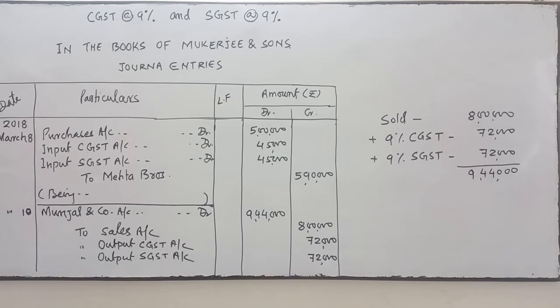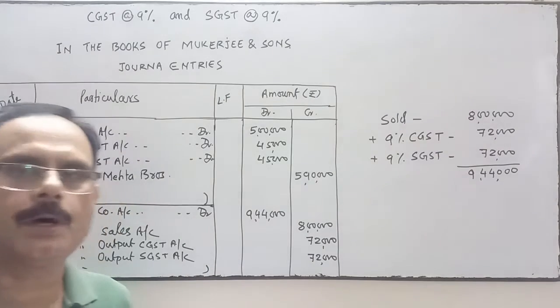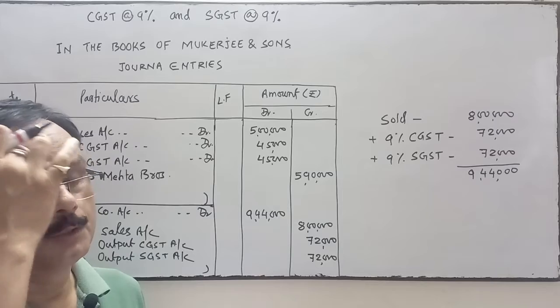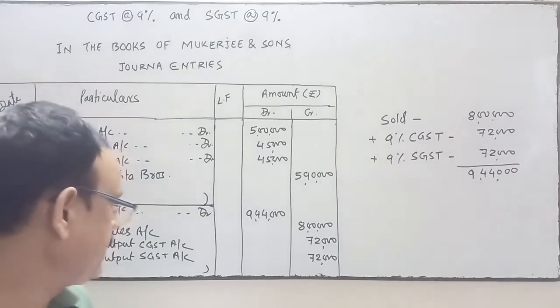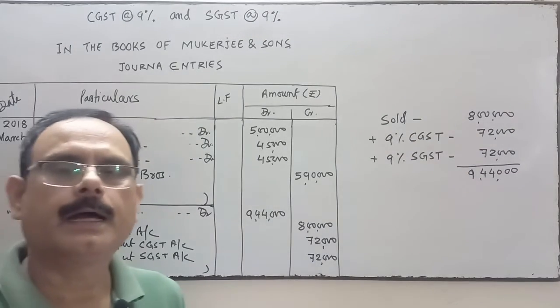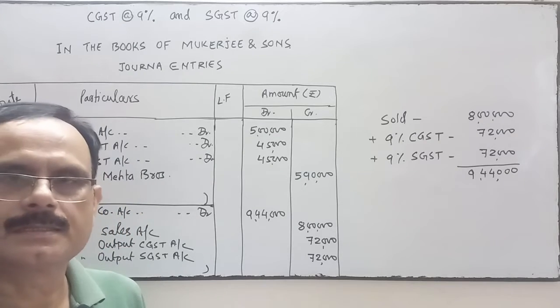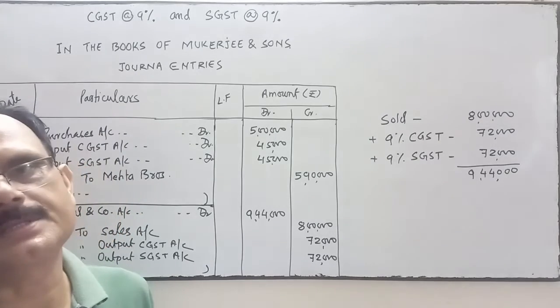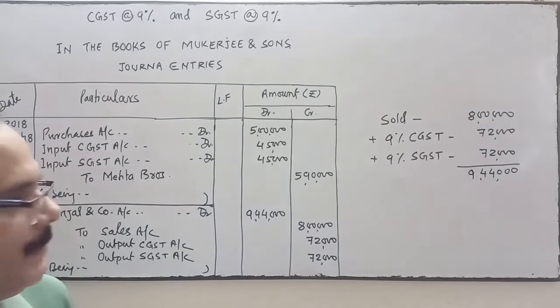The narration will be very simple and short. What will we write in the narration? Being goods sold on credit to Munjal and Company at 9% CGST and 9% SGST.